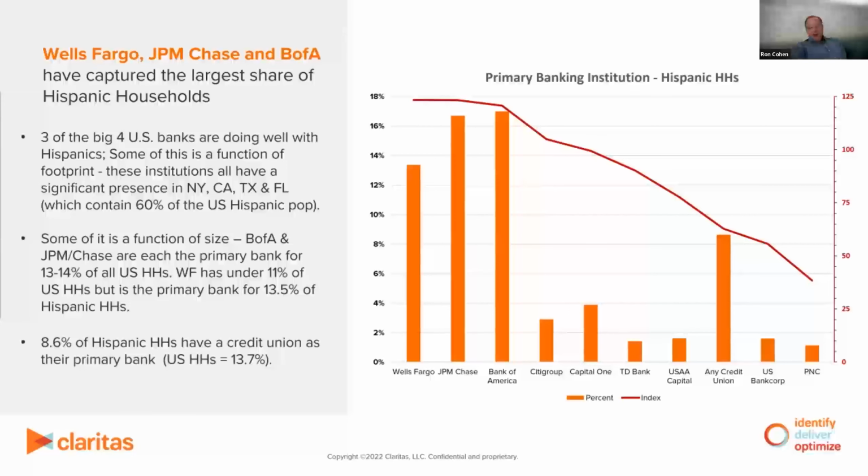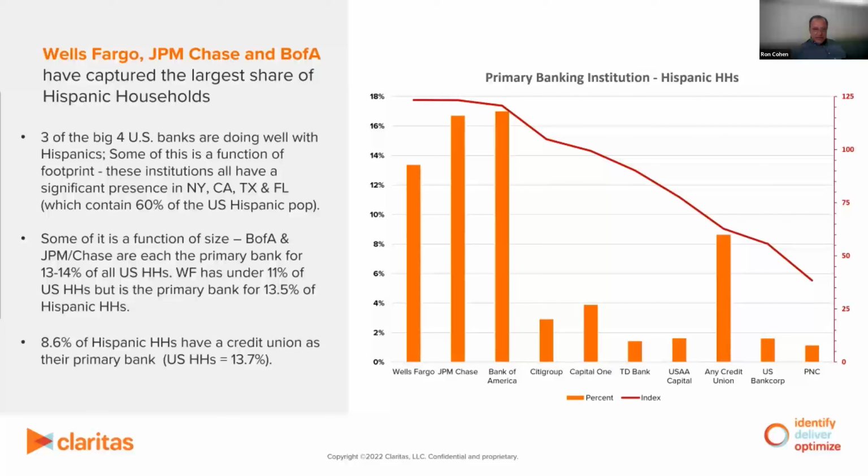So where do Hispanics bank? Well, those that bank tend to bank with the big four. And by the big four, I mean Wells Fargo, JP Chase, Bank of America, and to a lesser extent, Citigroup. Now, some of that is just pure geography, right? These 4 banks have lots of branches, a huge presence in New York and California and Texas and Florida.